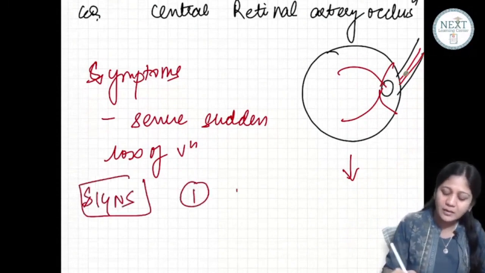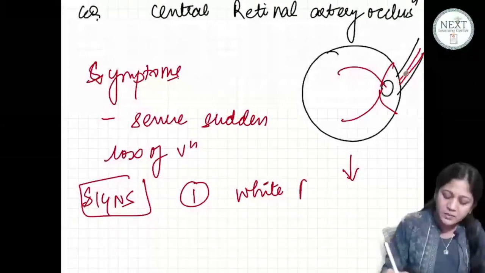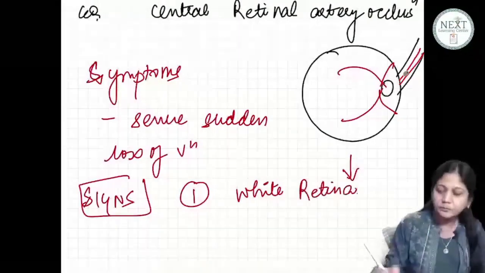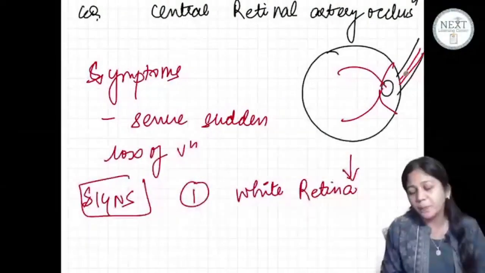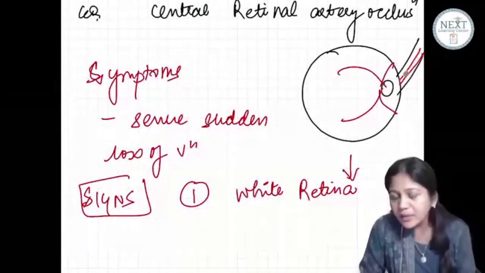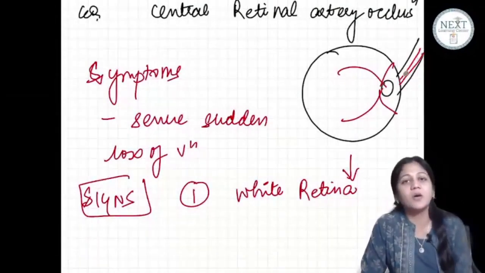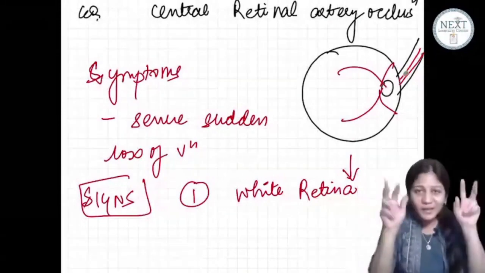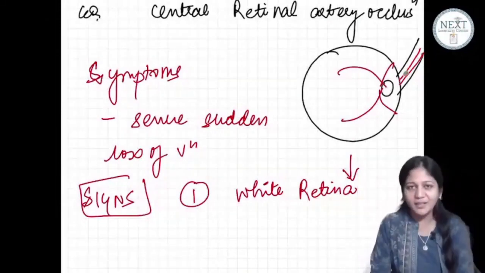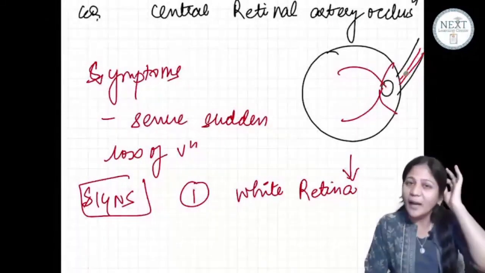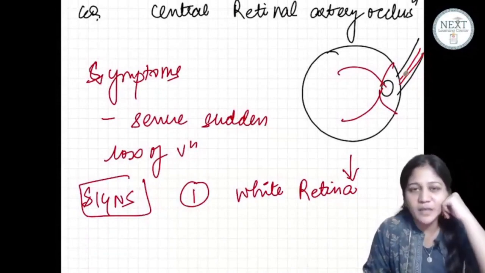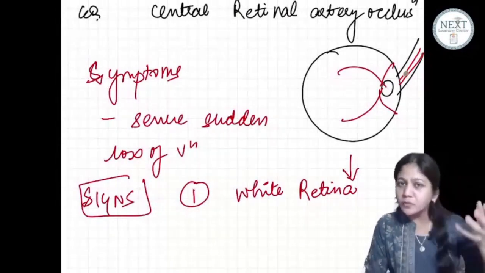Now when I see this patient, first of all, I will see that the retina has become white. Why? Dr. Sudeep, Dr. Murthy, please remember all the retinal disorders are painless. Painless. Okay? No pain. Now why is there a white retina? It's mainly not because of no blood flow.